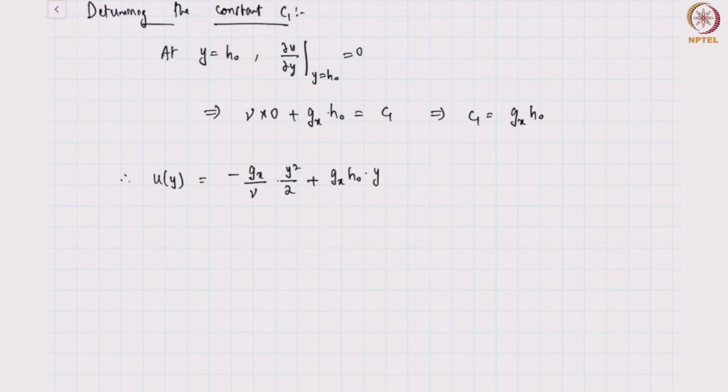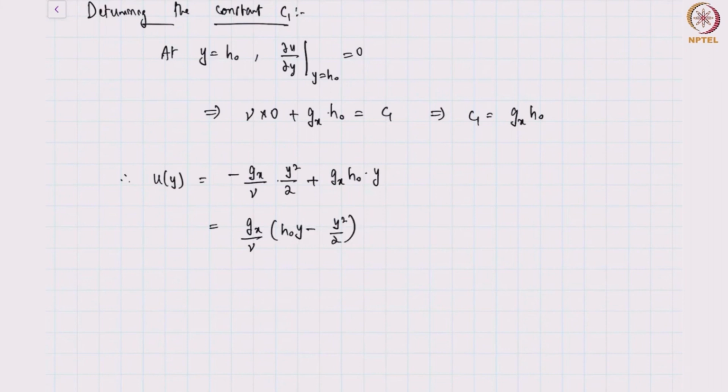That's my velocity profile. Or this is also nothing but gx by nu times h naught into y minus y square by 2.